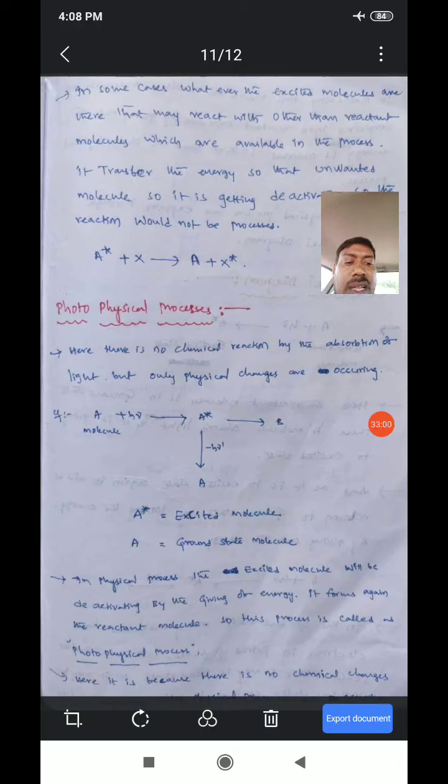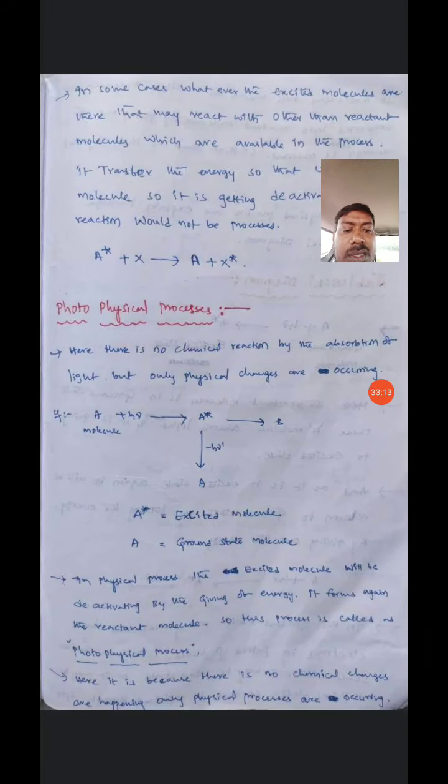For example, here A is a molecule. A absorbs light energy and forms A star, that is an excited molecule, and it forms B, the products. This is a photochemical reaction.